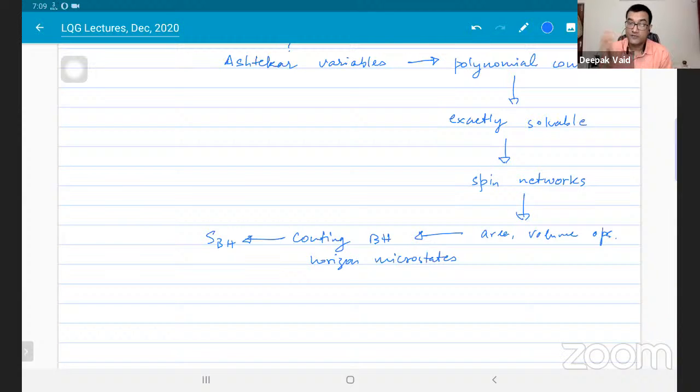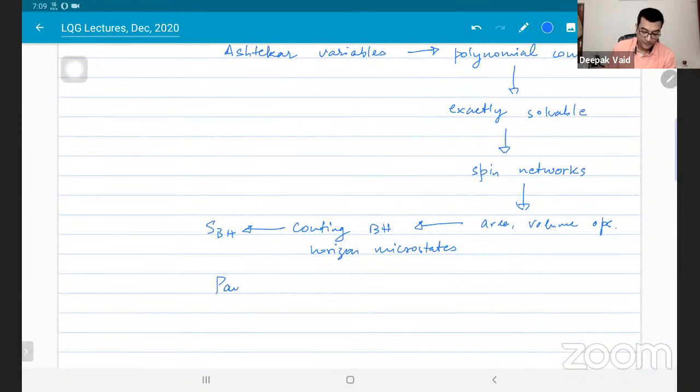It is very well known from work by Pauli and Fierz, who were some of the first people to show that if you write down the linearization of general relativity, the linear theory, you get a spin 2 field.